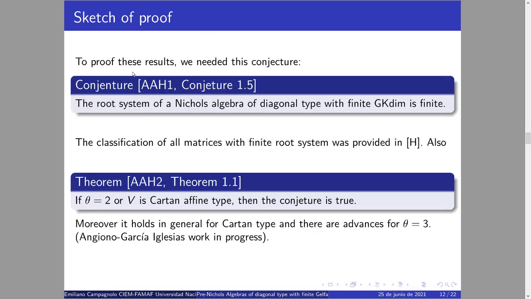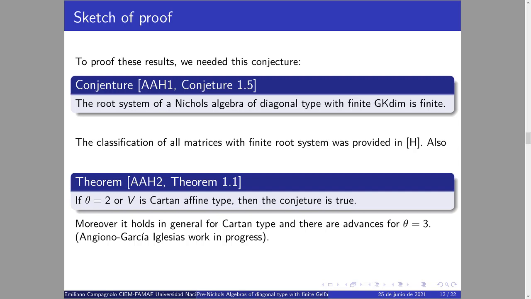To prove these results, we need this conjecture. The root system of a Nichols algebra of diagonal type with finite Gelfand-Kirillov dimension is finite. The classification of all matrices with a finite root system was proved in work by Heckenberger. Also, we have this theorem by Andruskiewitsch, Angiono, and Heckenberger.